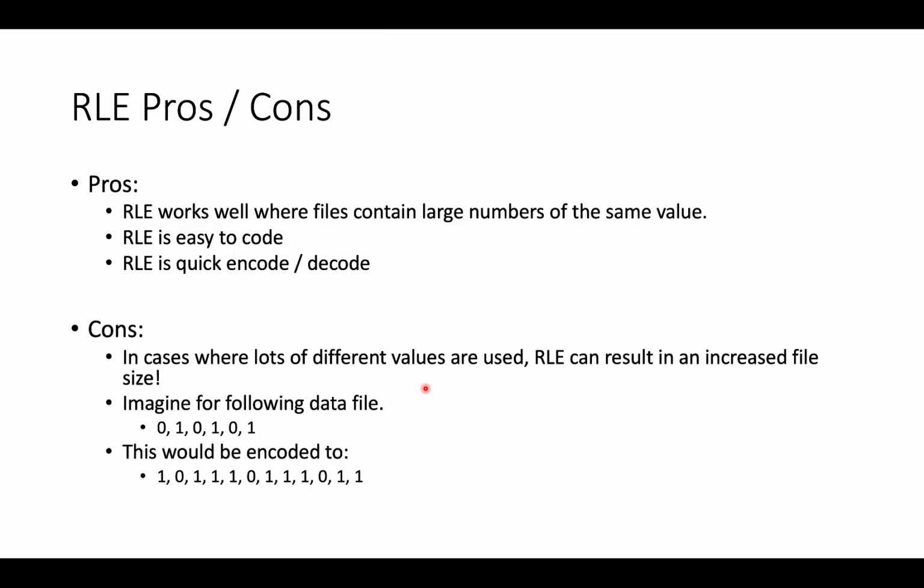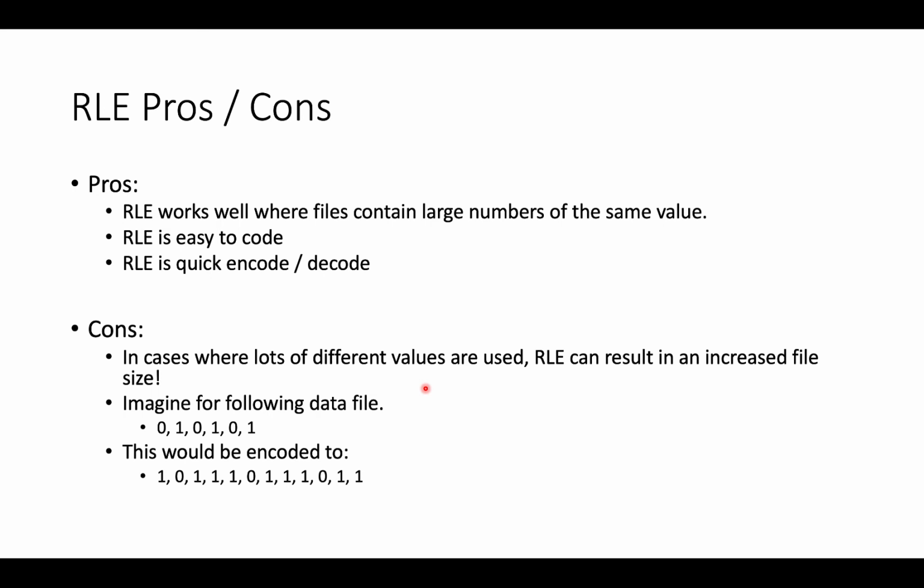Okay? Run length encoding works well when the file contains a large number of values that are the same. So if you have an image which has big areas of exactly the same color, then RLE works very well. The other pros to RLE are that it's very easy to code.